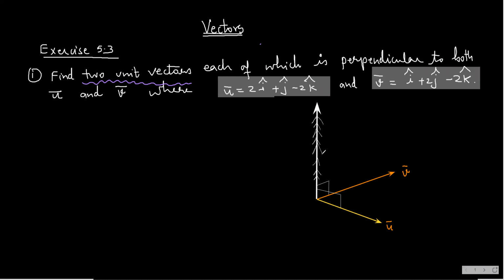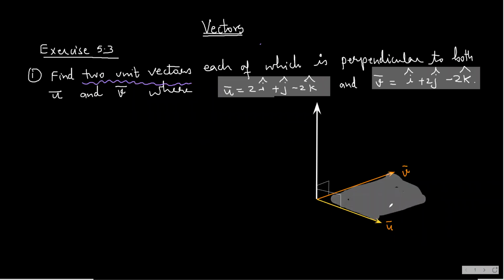Rather, you can say that this direction is perpendicular to the plane of u bar and v bar. u bar and v bar define a plane. See, this is the plane that they define.